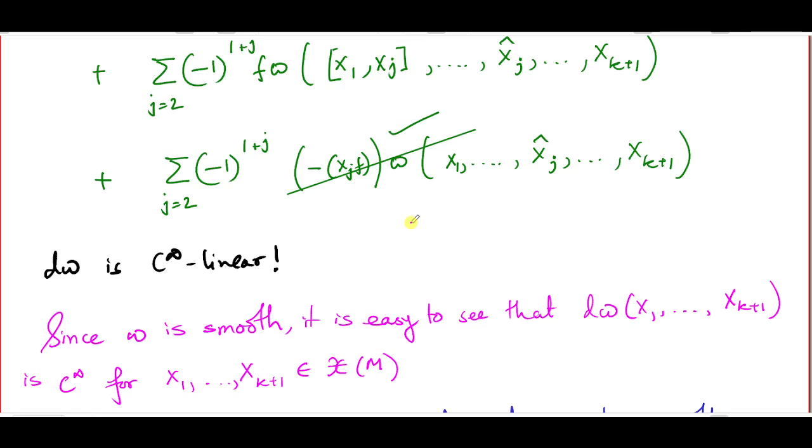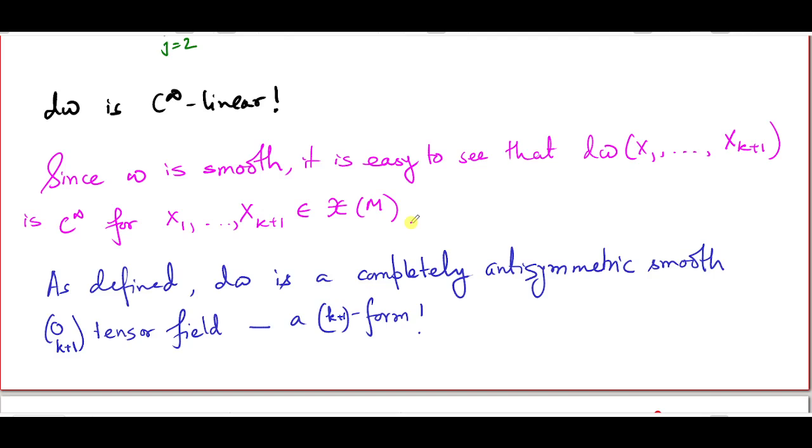Now, in addition to that, we have already seen that it is completely anti-symmetric. So that completes the proof that this really is a k+1 form. So the statement that we started last lecture with, that d omega is a k+1 form, has finally been validated from the definition itself.